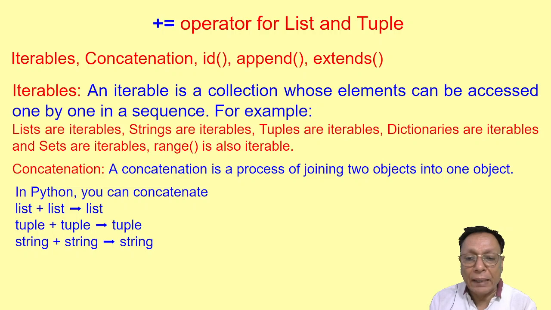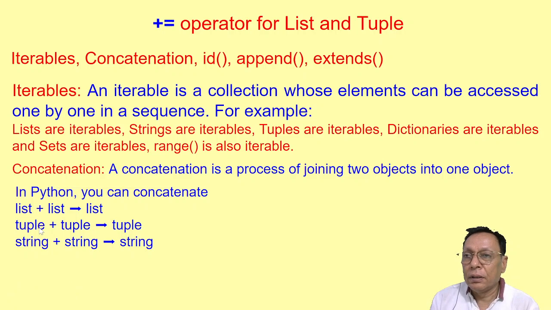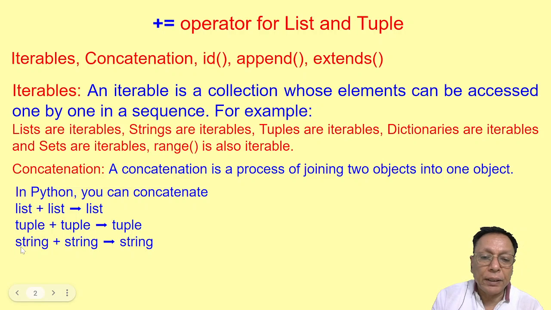For example, in Python, you can concatenate, means you can join, a list with a list, and it will give you a list. When you join a tuple with a tuple, it will give you a bigger tuple. When you concatenate a string with another string, it will give you a bigger string.